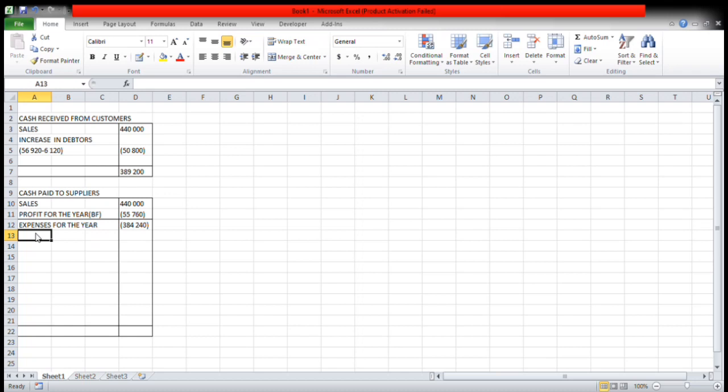We are not going to list the non-cash items that we know here. We are only going to list the non-cash items by looking at the additional information. The additional information is going to tell us what we have, for example depreciation and interest paid as our non-cash items. You get what I'm saying? So we're going to check through the additional information to see what kind of non-cash items we have, so that we can reflect them under the cash paid to suppliers.